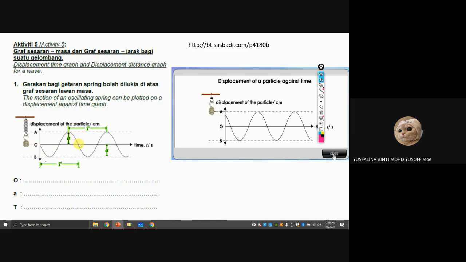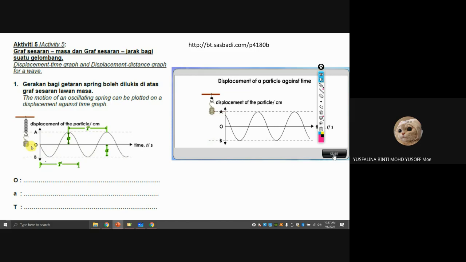Then it will go down to B. You can see the graph is going down, which means the slotted weight is at point B. So it will keep oscillating until it stops, and the graph will keep moving on until the oscillation stops.